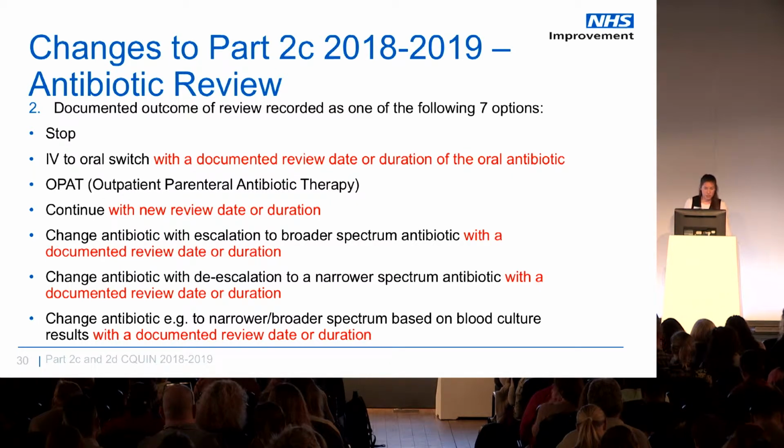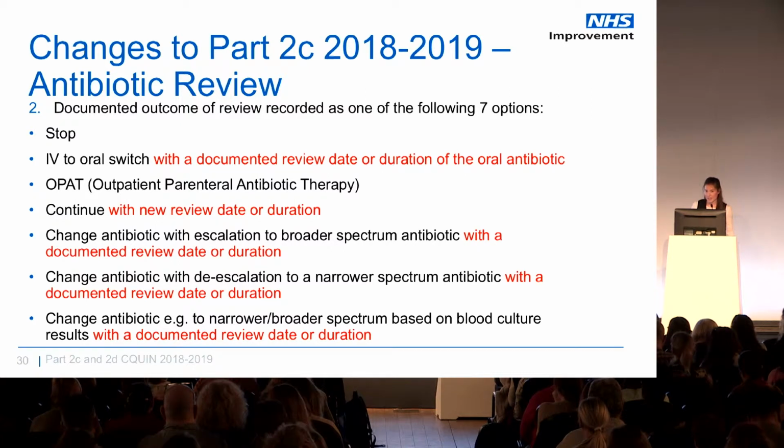So criterion 2 should look familiar to most of you. And again, this hasn't really changed that much. So it's the documented review that should consist of one of the 7 prescribing decisions, following a start smart, then focus approach.